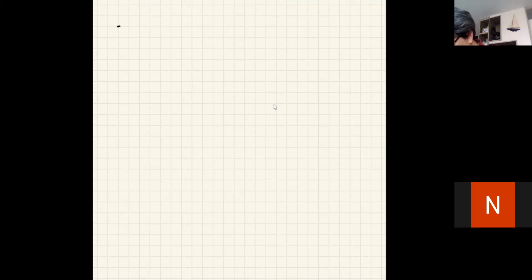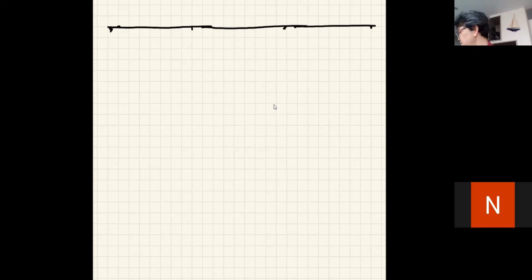Probably too long, but okay, I'll try to do that. I don't need to write the beam again, should I? Can I skip that? You have the beam, right?